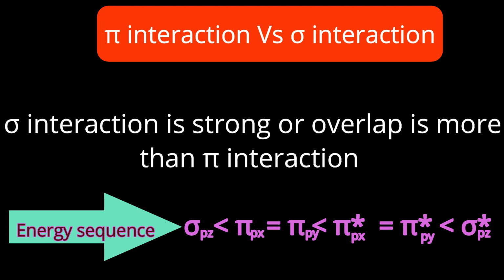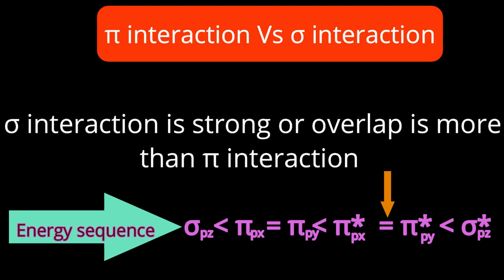Therefore, the resultant bonding orbital because of pi interaction of px and the resultant bonding orbital because of pi interaction of py will both be of the same energy. We say they are degenerate. The antibonding orbitals produced by pi interaction of px and py also will be of the same energy, so they will be degenerate.